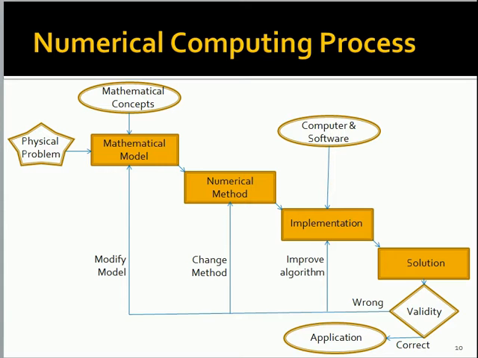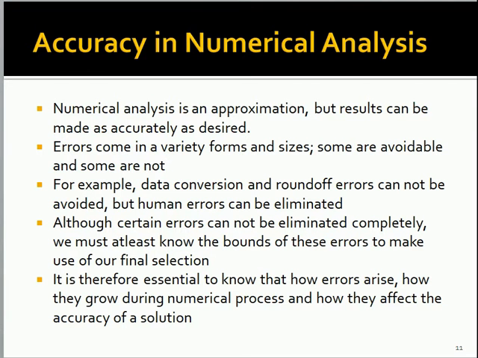Now, accuracy in numerical analysis. We already know what the term accuracy is. All we need to know now is how it's related with numerical analysis. As you can see, numerical analysis is an approximation, but results can be made as accurate as desired.